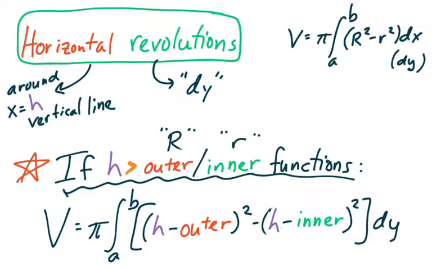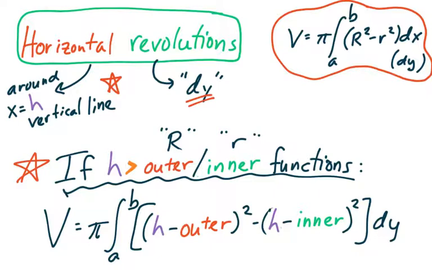What if you're spinning around a vertical line, like an x equals h by chance? Now when you're spinning horizontally around a vertical line, the slices are now along the y-axis, so it's going to be a dy. Again, same washer formula over here, but we'll be using dy, and we're spinning horizontally. So which one comes first, axis or functions? Well, same idea.